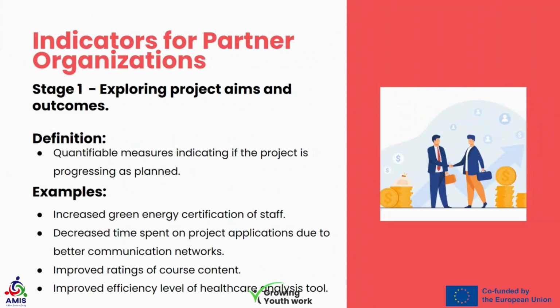Another example could be to decrease the time that the organization spends on applications due to an improved communication network. It could be increased or improved ratings of a course that the organization offers, or it could be to improve the efficiency level of a healthcare analysis tool.